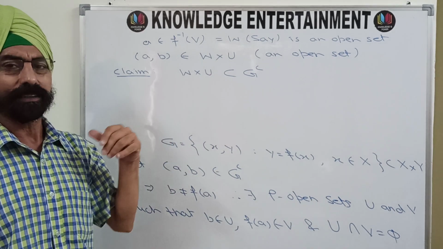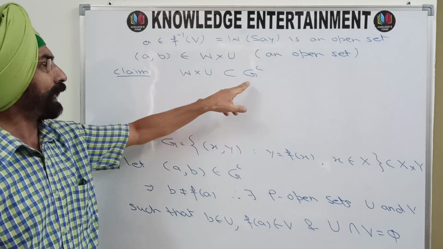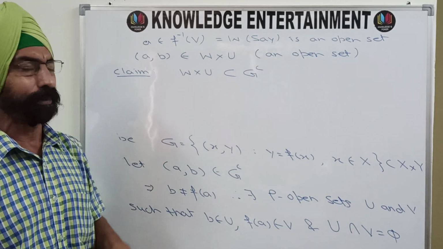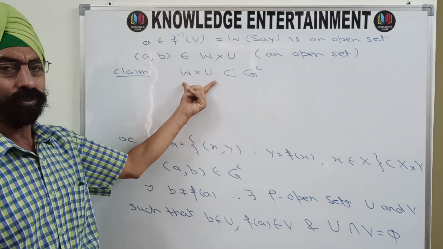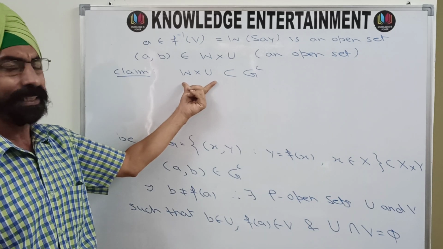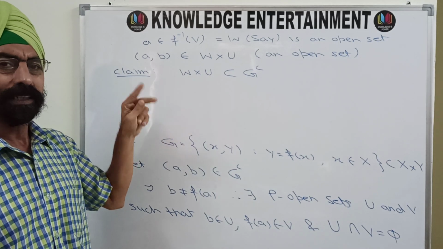And to prove this, I'll take one element from here and I'll show that the element also belongs to G complement. What type of elements are here? These are the doublets. So I'll have to take elements of the type (C, D).